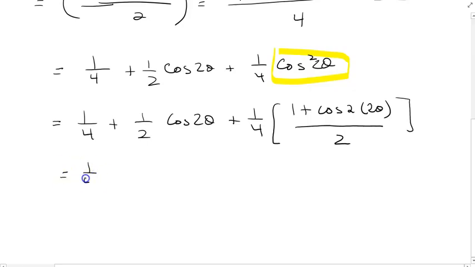So now I have 1/4 plus 1/2 cosine 2 theta plus 1/4 times that. That's going to give me 1/8 of 1 plus cosine 4 theta.